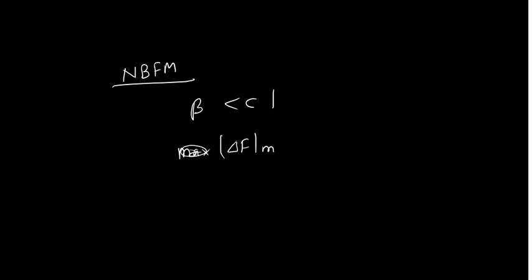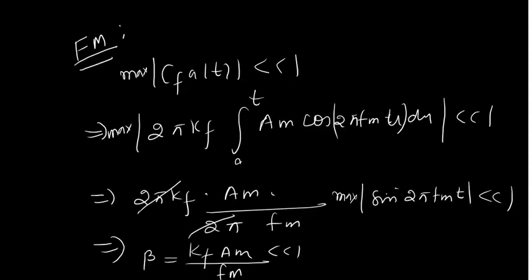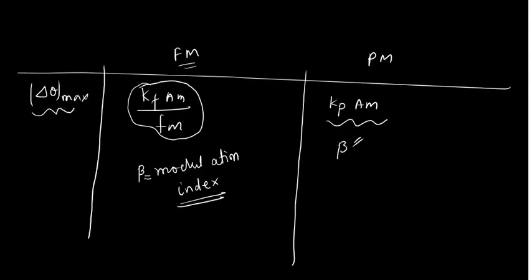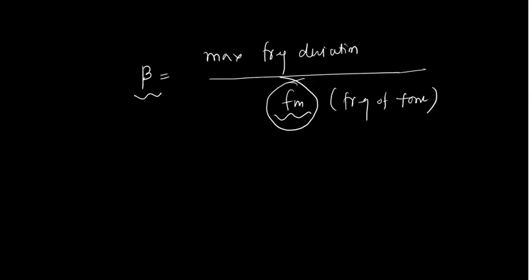So narrowband FM means beta is quite less than 1, and if you remember the definition of beta, beta is the max frequency deviation divided by the frequency of your tone, correct? Just go back and see, this is your kf Am by fm, this is beta, and your beta is defined like this.